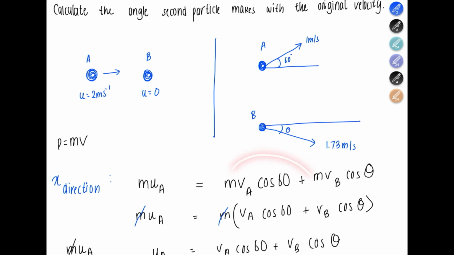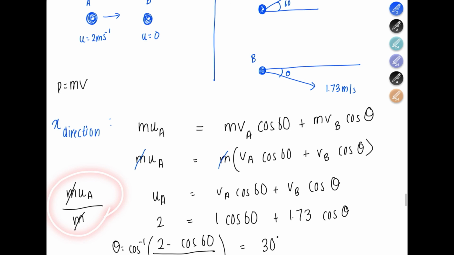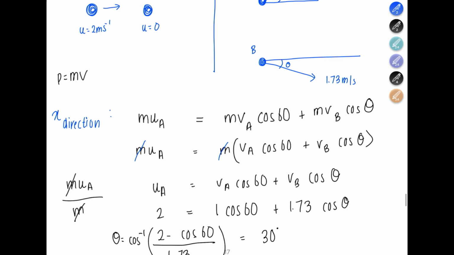Let's factor m outside, because both of these values are the same. So I just took m out here, and this m is here. We can cancel both of these m, because this is being multiplied as well. If I was going to bring this m here, it would be in the denominator, and I can cancel it. So I'm only left with uA, initial velocity of A. Let's plug in the values. This was 2.